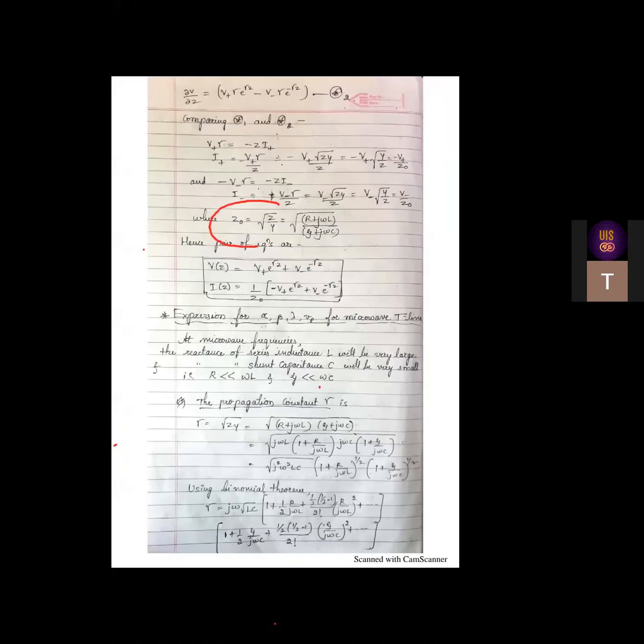Now let us calculate that also. Before that, you can see it here in the previous discussion. We have used that Z naught is equal to root of Z by Y, because here at the end we got root Y by Z, so the reciprocal, root Z by Y, is Z naught. So remember, just as we took the product root of ZY for gamma, for Z naught you have to take the ratio Z by Y. Every procedure is the same.